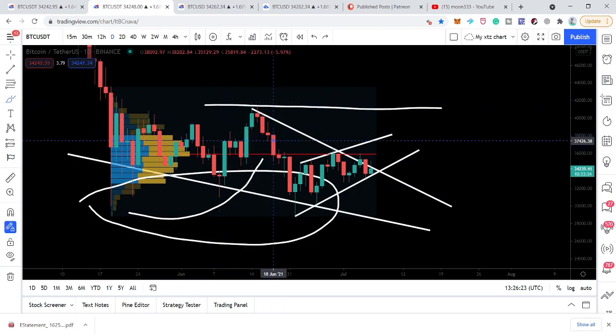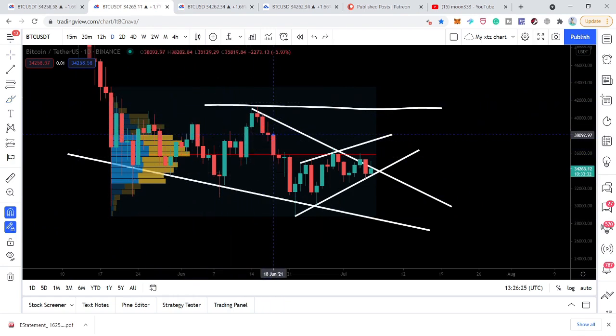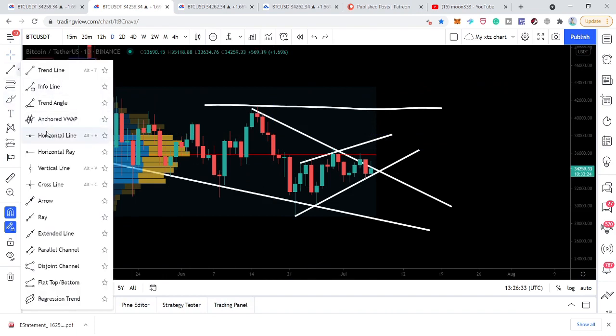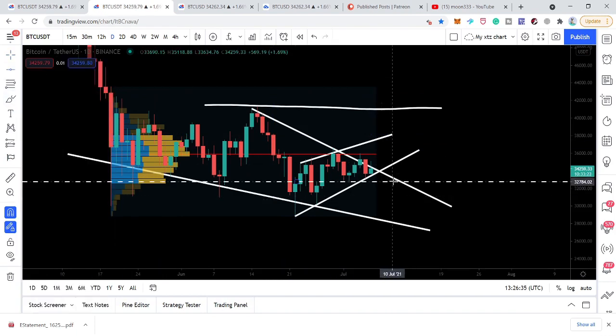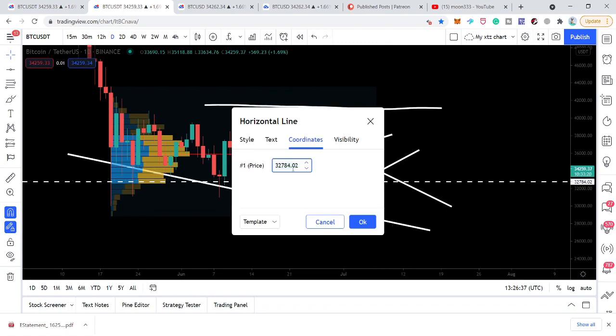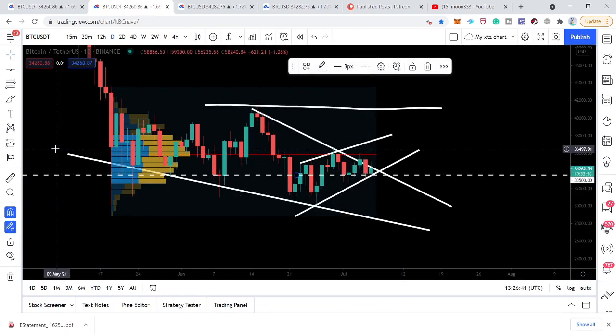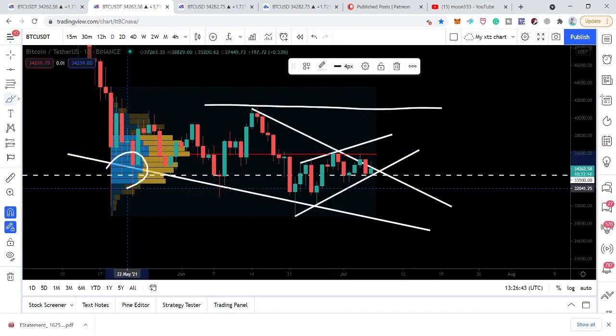Now while we have this support of the rising wedge pattern, we also have another very good support at $33,500. Yesterday I told you about this support, and we can see that whenever the price action moves to this support, it gets reversed to the upside.